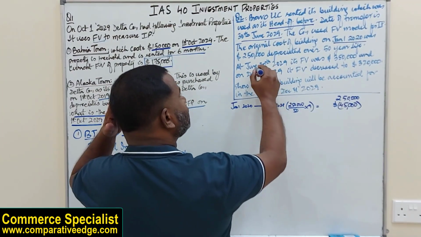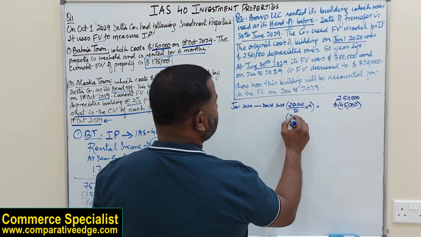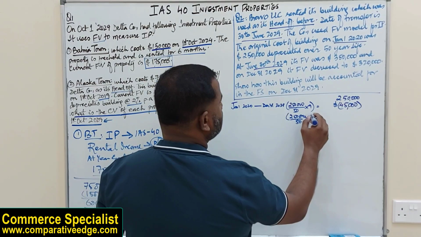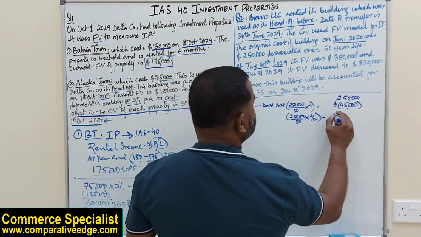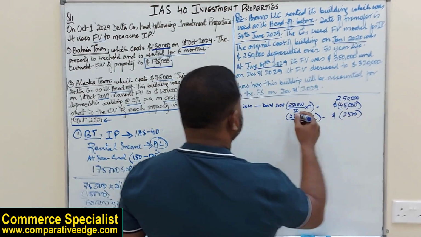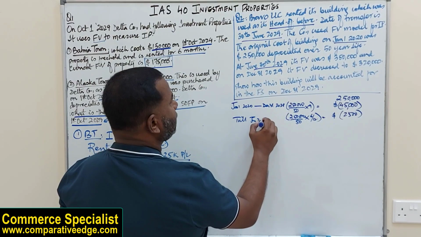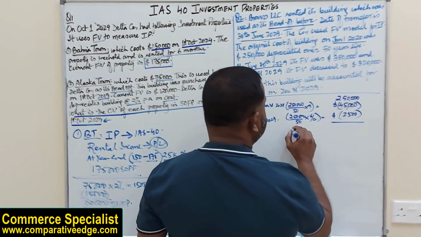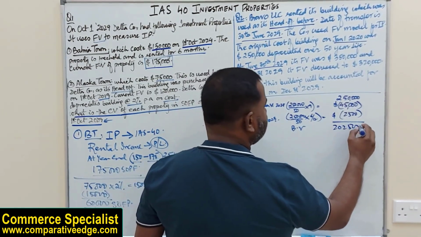So original cost was 250,000, you minus 9-year depreciation. Because it is transferred on June, we need another 6 months depreciation, and that would be 250,000 divided by 50 into 6 upon 12. So that should give you 2,500. So this is depreciation till June 30th 2029. So what is the book value? The book value is 202,500.